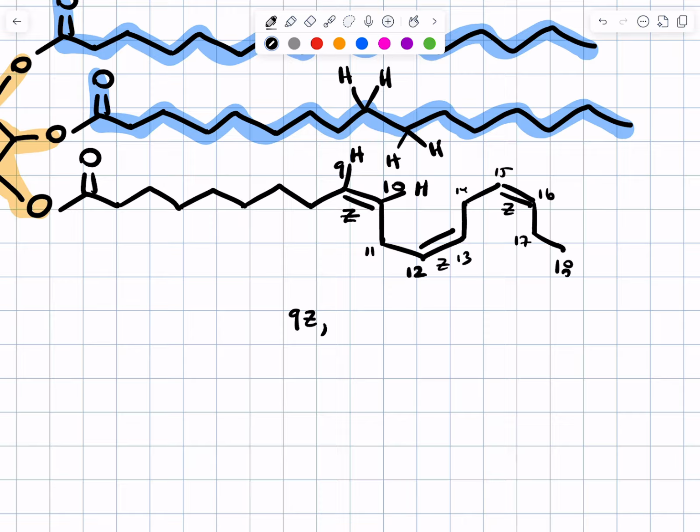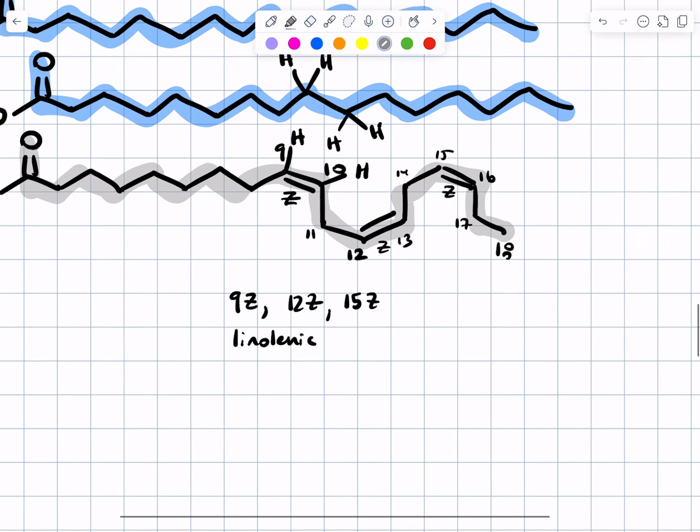And some of these fatty acids have non-systematic names, because who wants to figure out how you name an 18 carbon chain? So I think this particular fatty acid is called linolenic acid. You don't need to know that. You may see it if you're in food science.